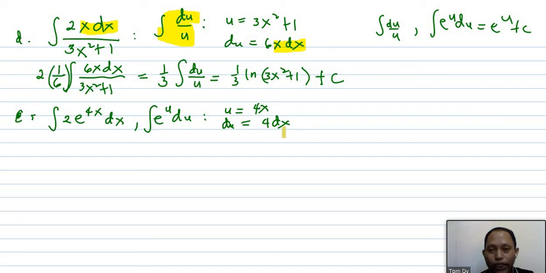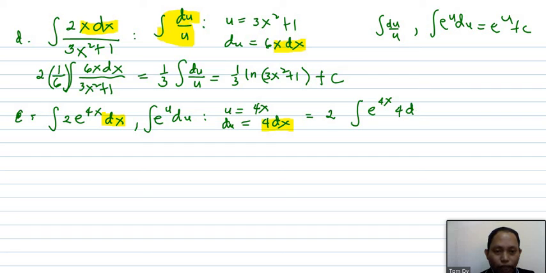Notice this is 4 dx, and then we have here dx. So again, we can apply our formula. So this one is equivalent to 2, I will write first 2, and then the integral of, by copying this formula, e to the 4x, and then instead of writing dx, I will write here 4 dx.